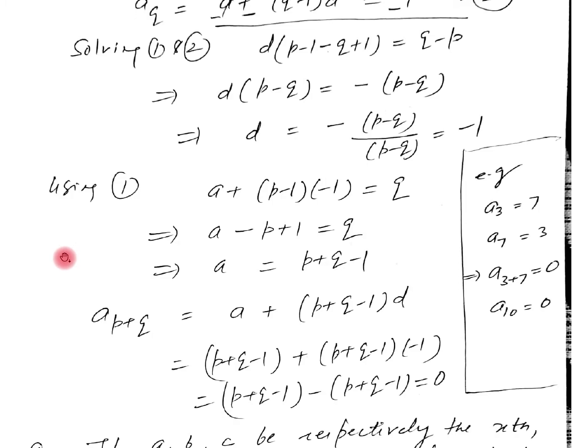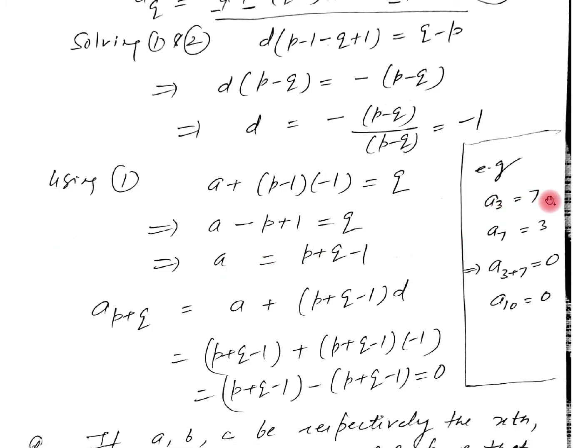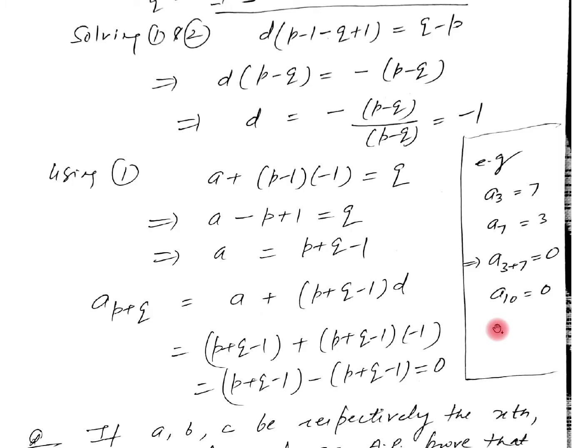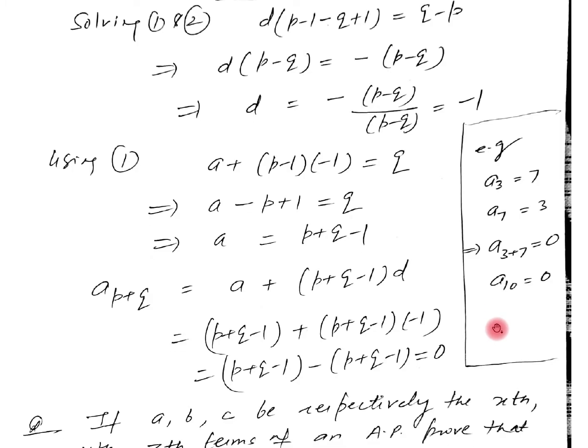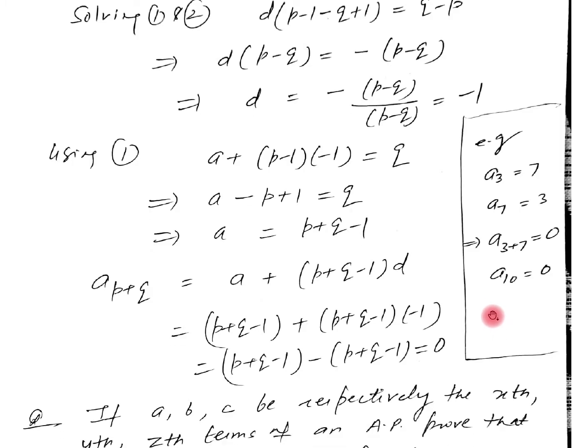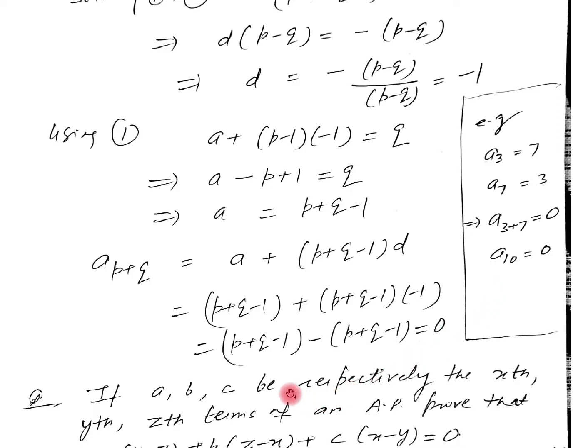It means a3 equal to 7, a7 equal to 3, then 3 plus 7 is 10. It means a10 equal to 0. Sometimes it helps us do multiple questions very easily if we keep the concept in mind.